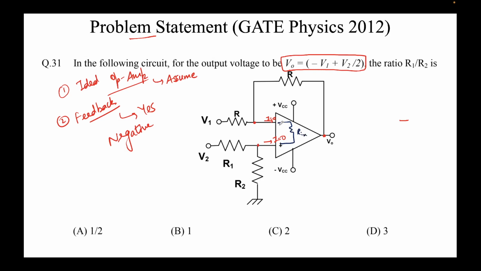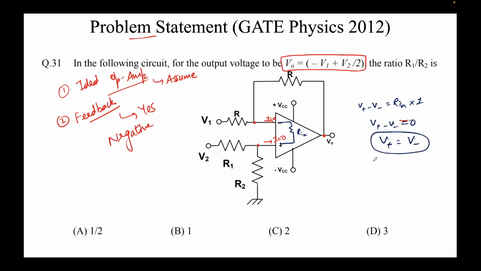If I apply Ohm's law across this Rn, it would be V plus minus V minus equal to Rn times I. Since there's no current, and Rn is usually a very high value like mega ohms, I can simply say V plus minus V minus equal to 0. This implies V plus equal to V minus.